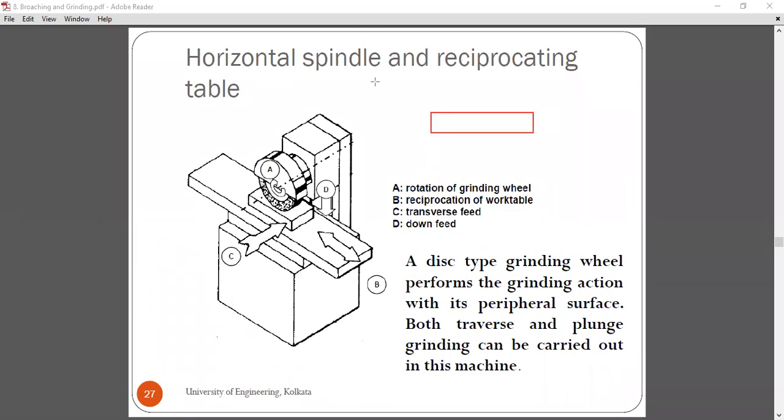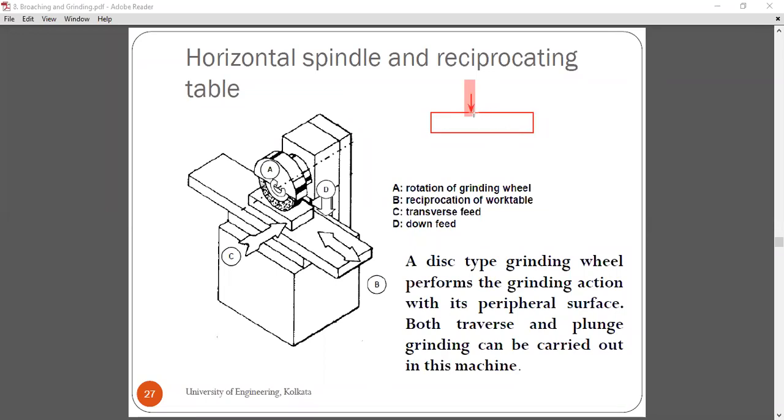Suppose this is the workpiece and we have this grinding wheel in place, or rather I'll show a cross section of it. So this is the grinding wheel, for example. If the grinding wheel enters the workpiece, that is called plunge grinding.